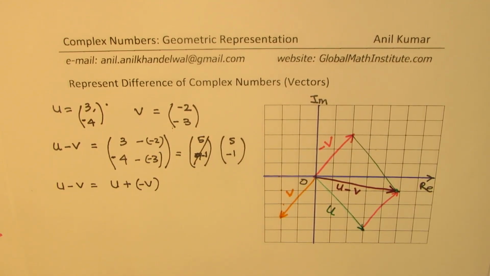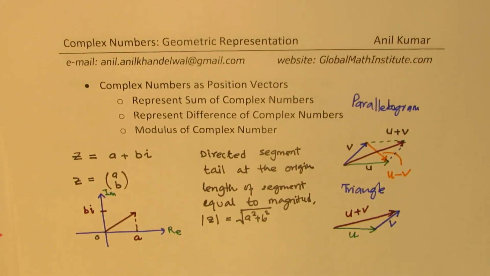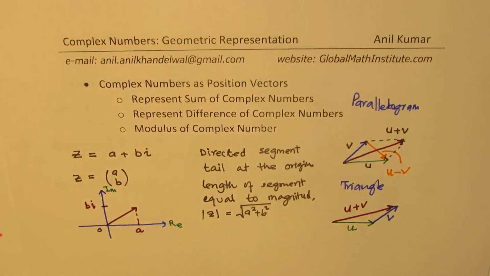So that is how you would actually subtract the two vectors. So with this, we come to an end of learning how to add and subtract complex numbers using position vectors. Perfect. I hope that makes sense.